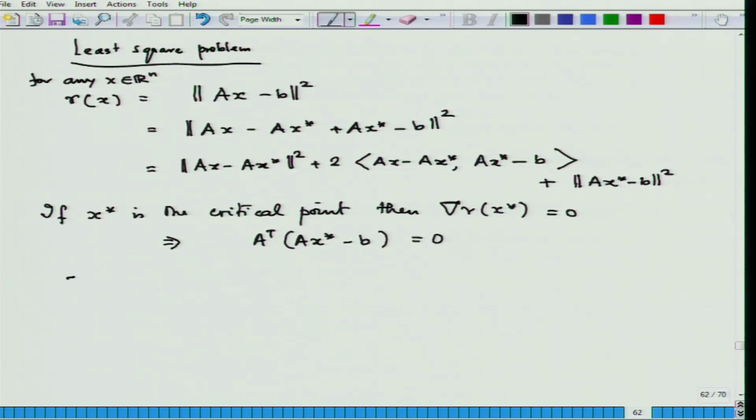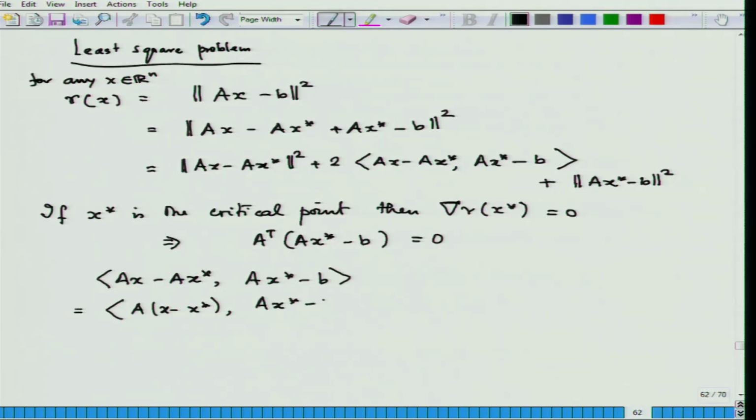Now, if you look at the expression, let me just forget this 2, Ax minus Ax star, Ax star minus B, then this is nothing but A into x minus x star by matrix property, and Ax star minus B, and that is equal to x minus x star A transpose Ax star minus B, and that, you already know, is 0.